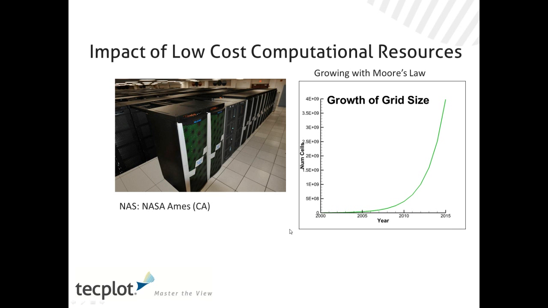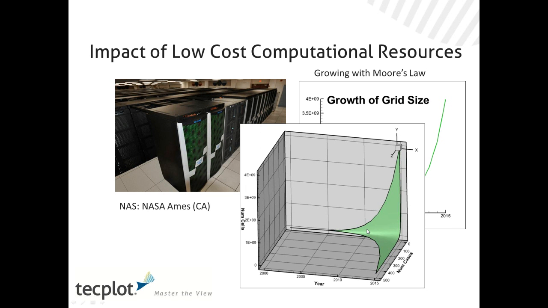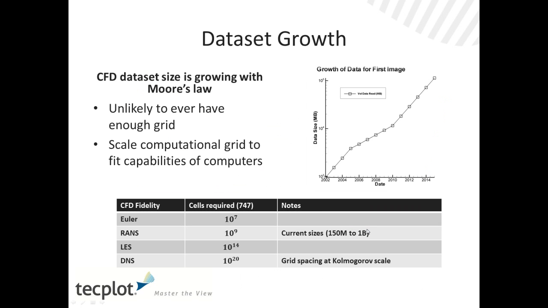That's what we're seeing: these resources are cheap enough that for day-to-day engineering, people are running relatively large models. And not only are they running big models, they're actually running a lot of models. We've talked about this in the past, and I don't want to dwell on that particular point. I think it is worth talking about why we're likely to see continued growth in data size, in particular if we think of the computational mesh.